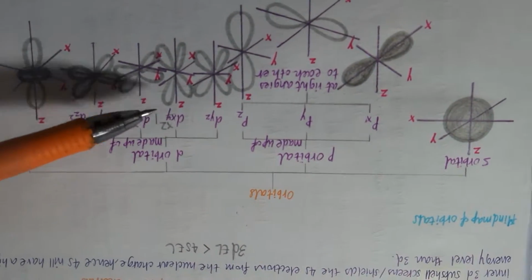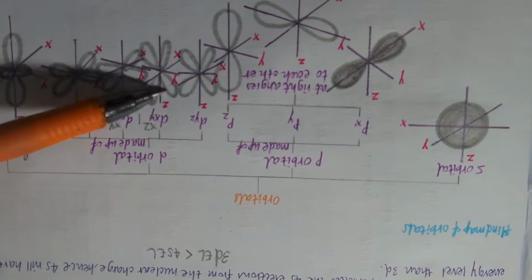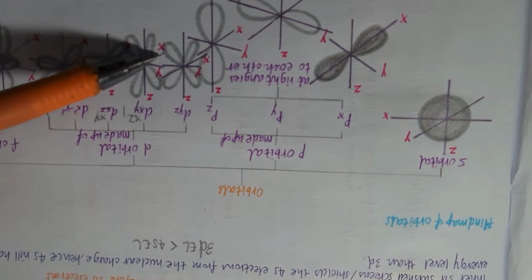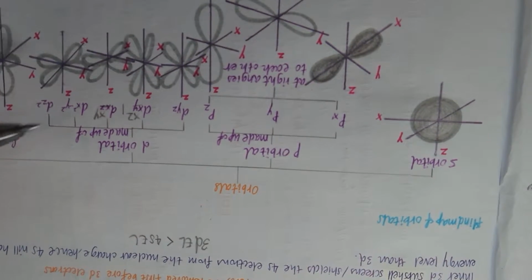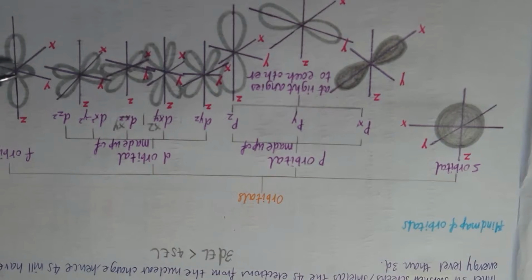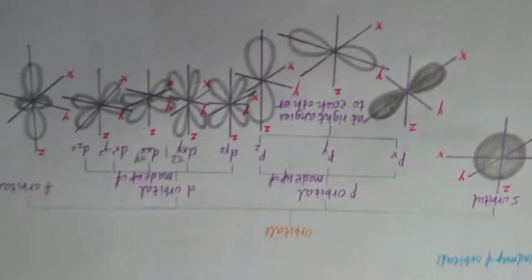If it's dxy, the dumbbells will just be in between the x and the y axis. Like in this case, the y is here and the x is here, so it will be here and here. It will be found in between. Then the z orbital is an exception because here there is another donut. This one is the z square orbital, so you need to take note of this.